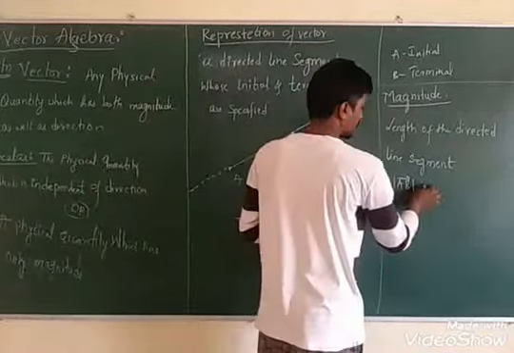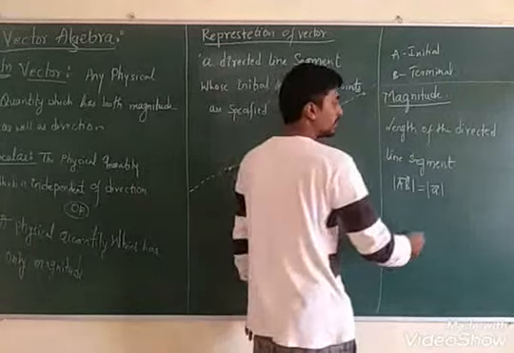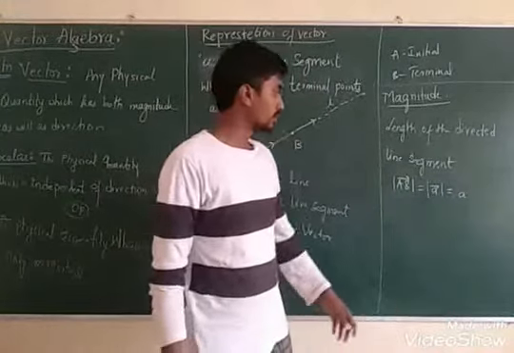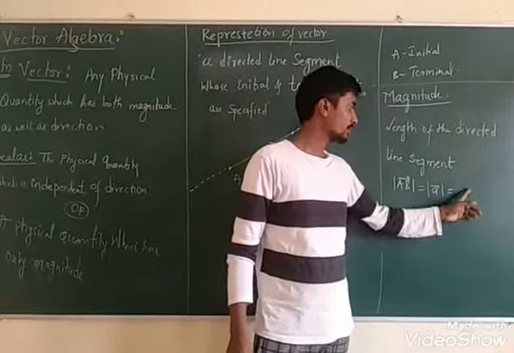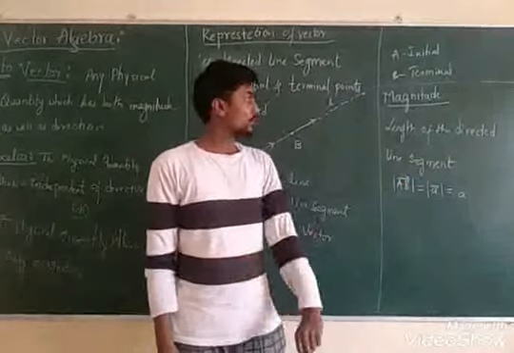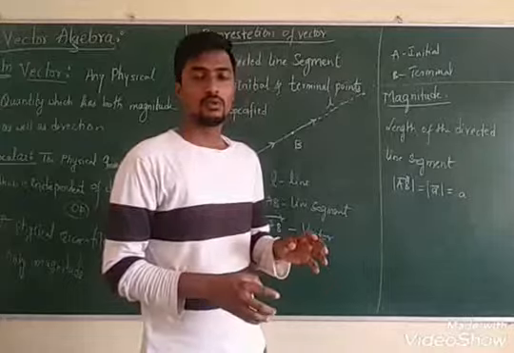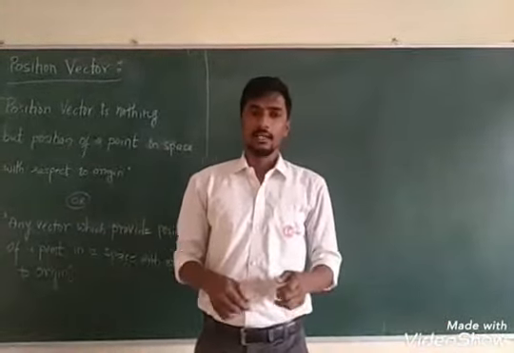Similarly we can take the magnitude in this way, otherwise you can simply write this as A only. If I write this quantity directly in this way, it represents the magnitude only. So this is about the representation of the vector. Let us start with another thing.